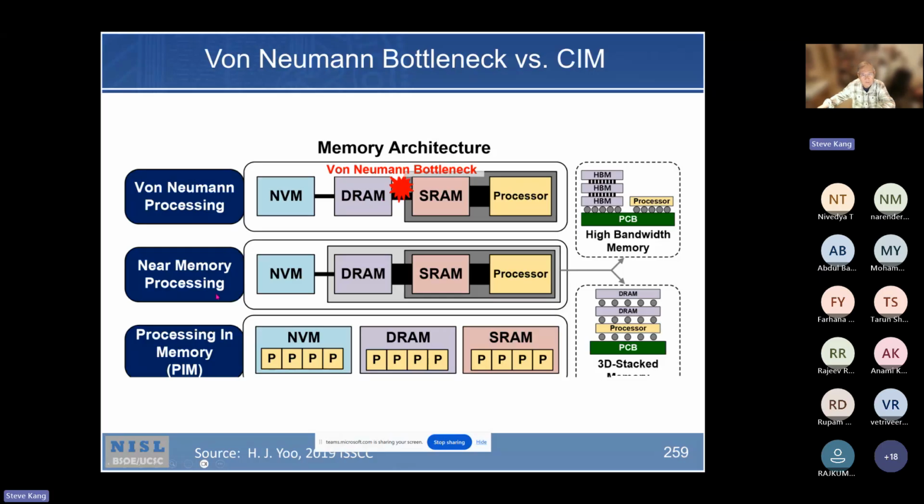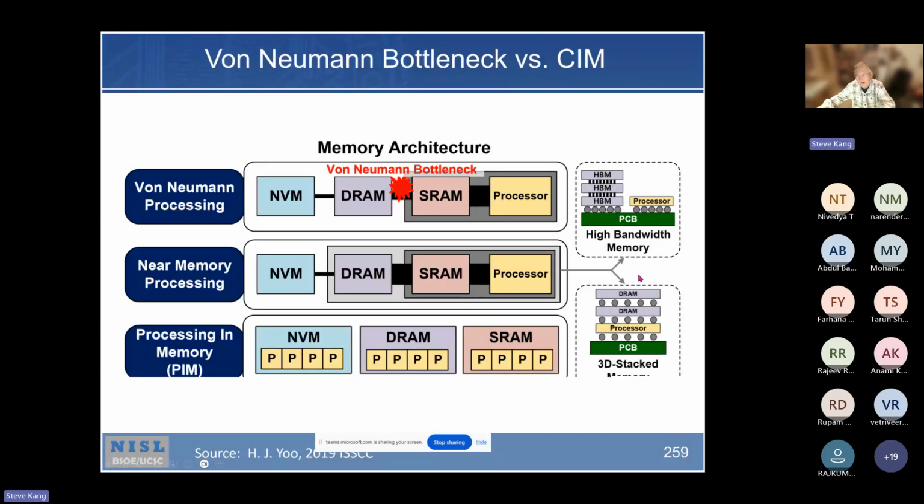The idea of near-memory processing is to shorten the distance between the processing chip and the memory. Here you have a processor, and you bring it close together with a high-bandwidth memory system, stacked together to make it close. That way the capacitance in between is reduced.